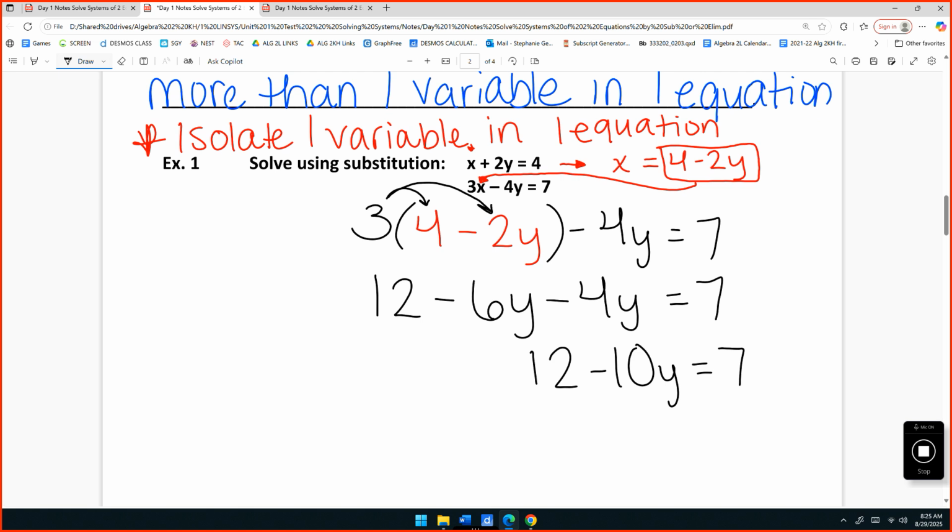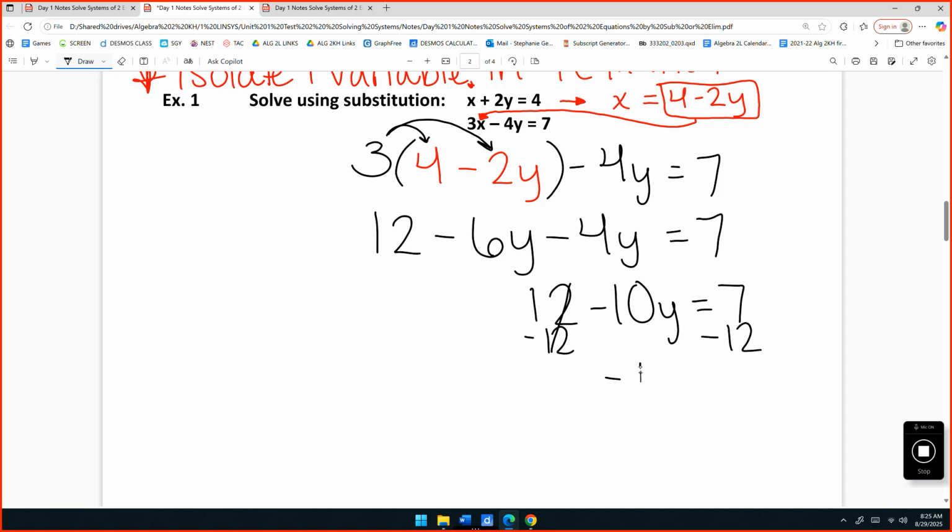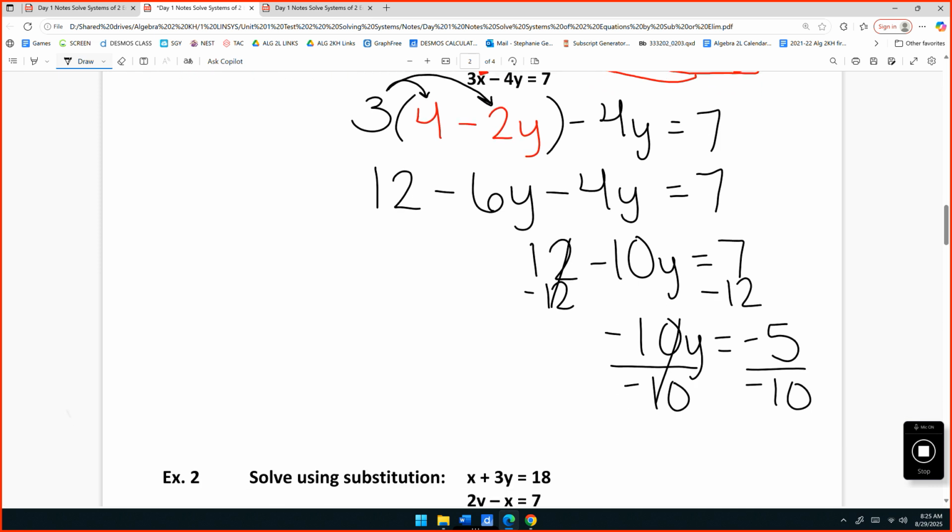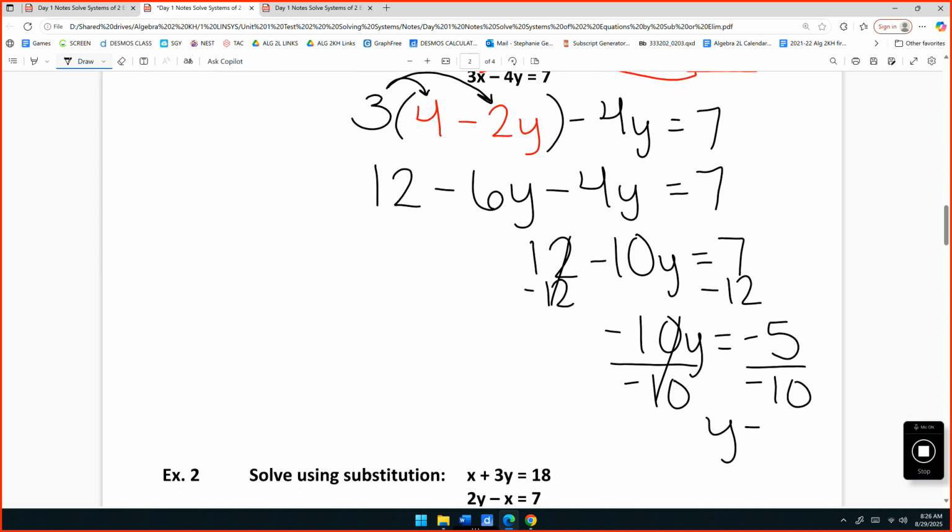Now we get y by itself, so we subtract 12. So we have negative 10y equals negative 5. Then we divide by negative 10, and negative 5 divided by negative 10 is a positive 1/2.